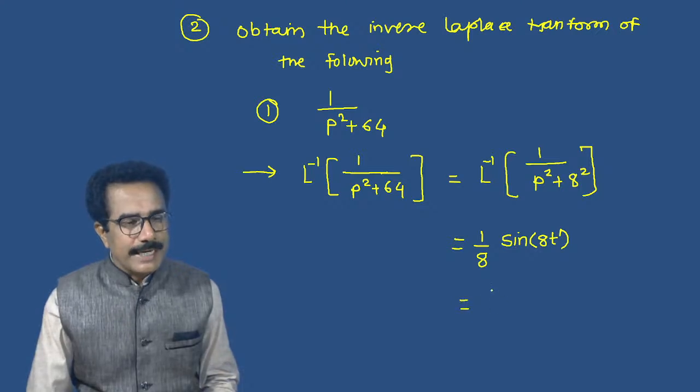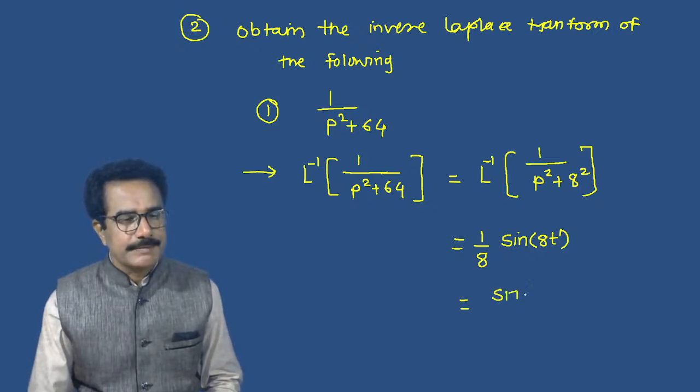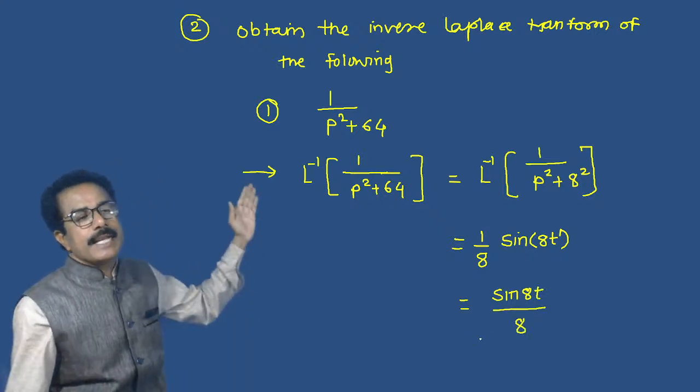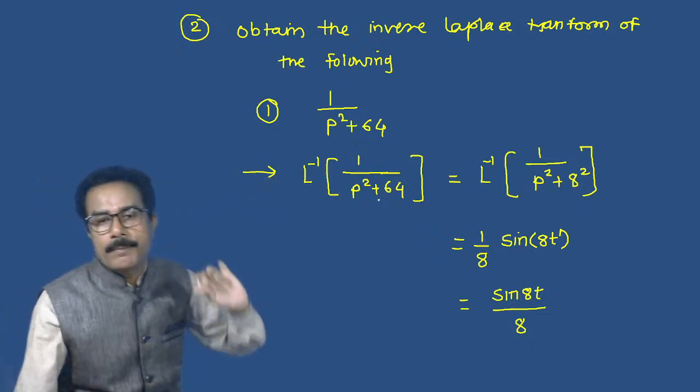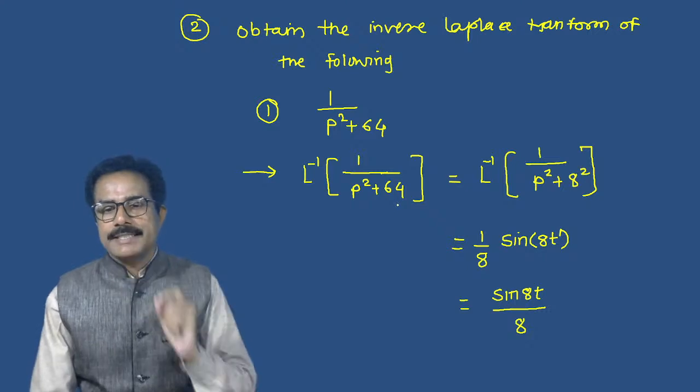So we will get the result sin 8t divided by 8. This is the inverse Laplace transform of 1 upon p square plus 8 square. Okay, do you understand this?